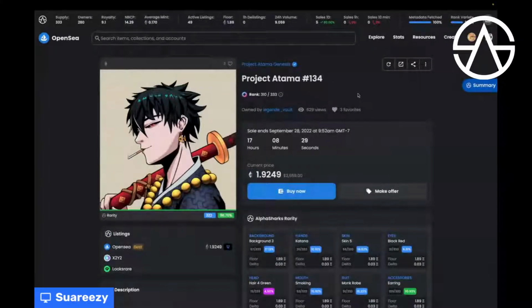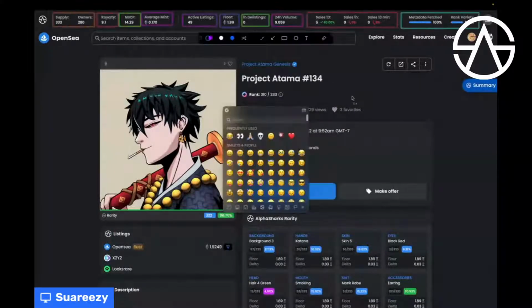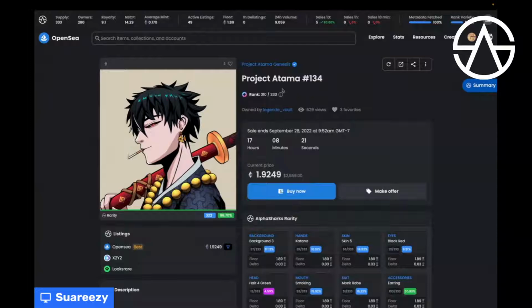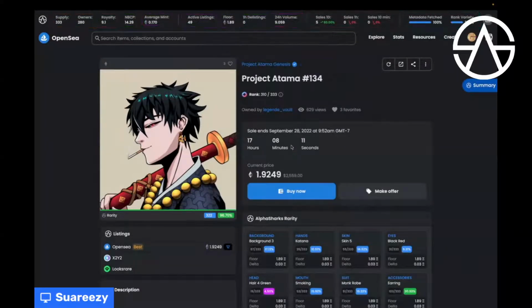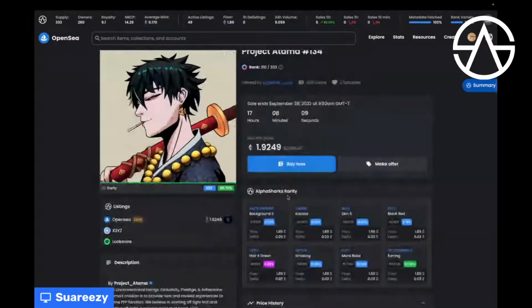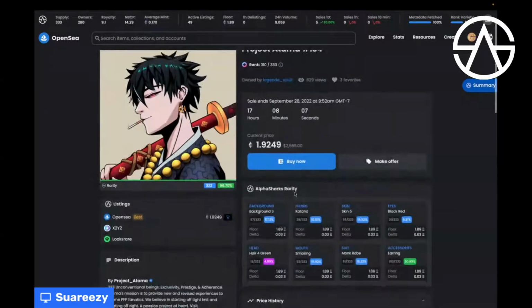You're going to have the, obviously, project name here, number of the NFT. Then it's going to show us our Alpha Sharks rarity ranking here.